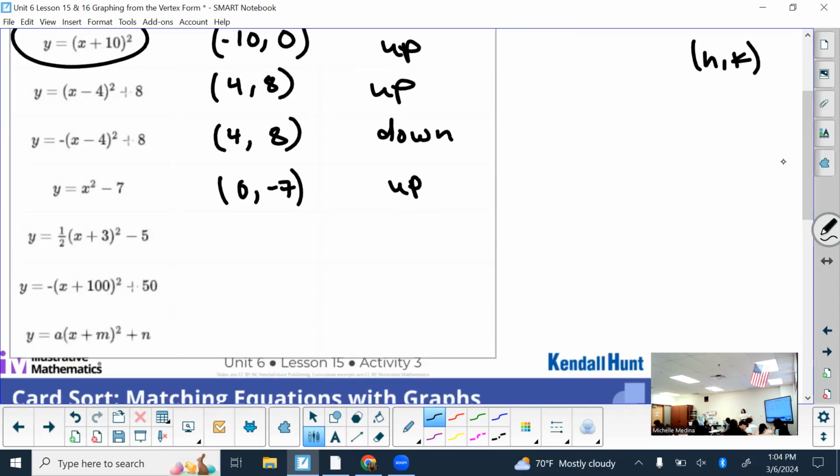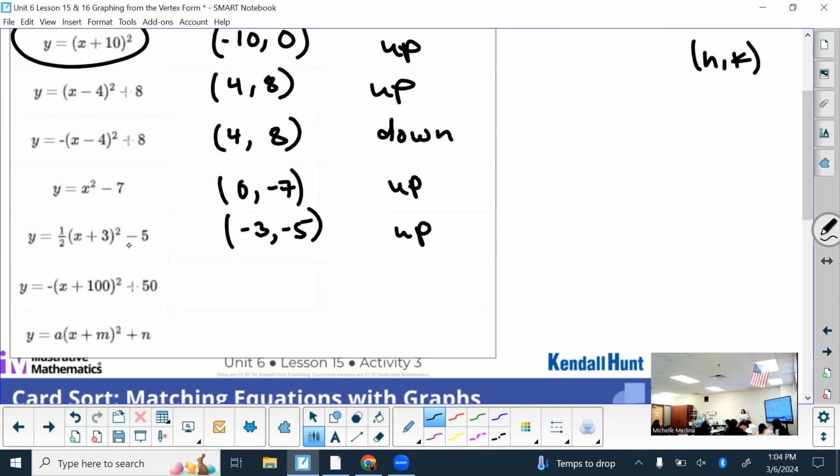All right, rotate 1 to the left again. Table 1, what's my vertex of this one? Okay, good, that is correct. Table 2, does this open up or down? No. It opens up. That's a positive.